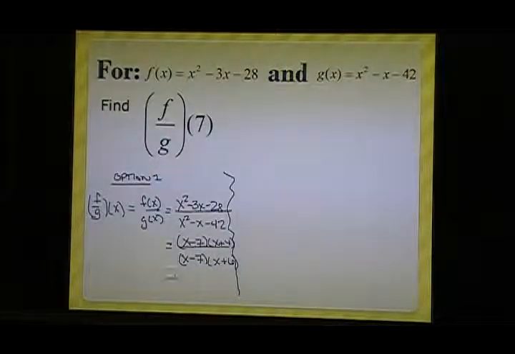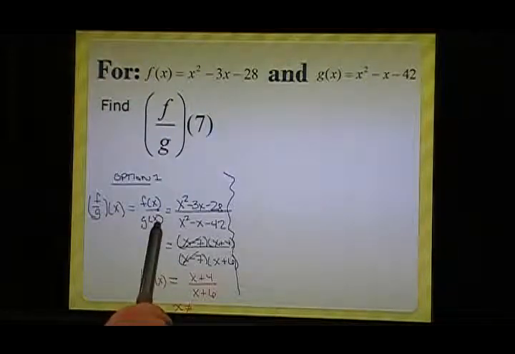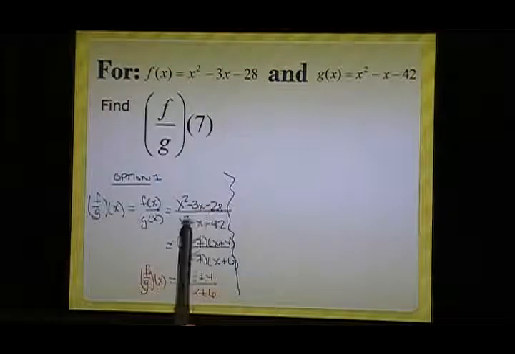And we do see that numerator and denominator have a common factor, and that is the x minus 7. So my quotient function is x plus 4 over x plus 6, as long as x does not equal any number that makes g of x equal 0.